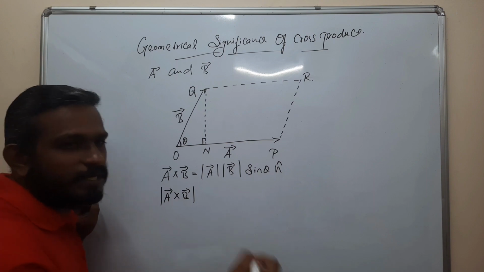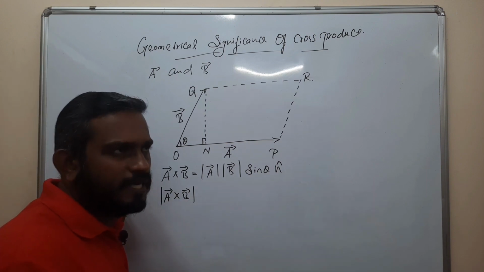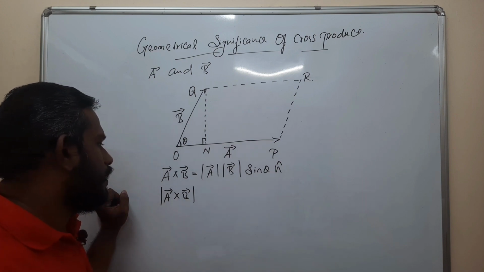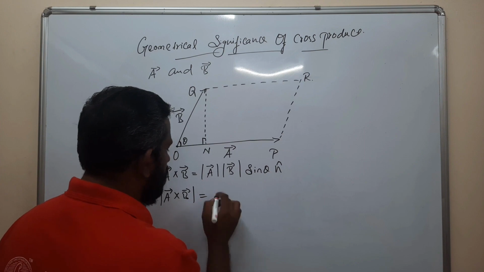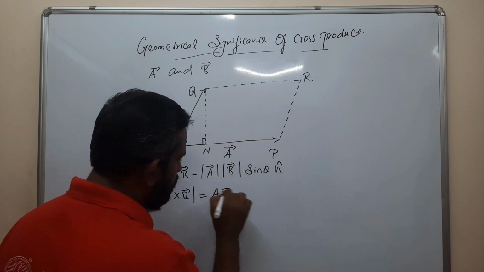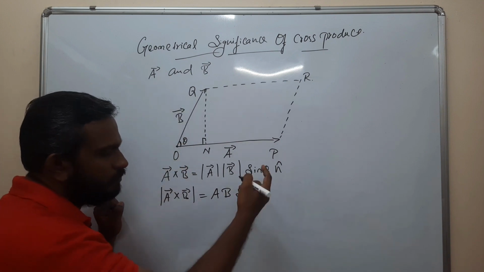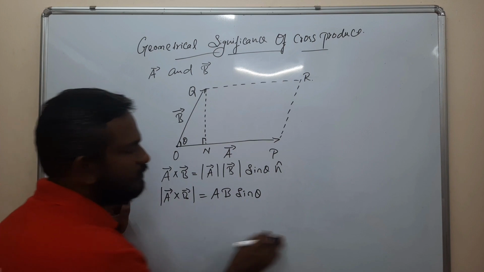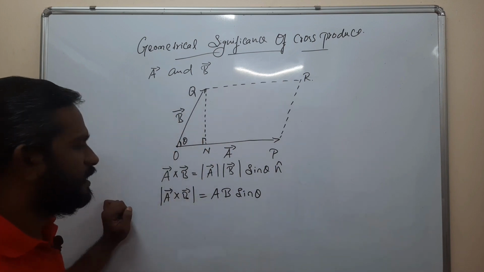We are taking the magnitude, because A vector cross B vector is a vector. So that is equal to A B sin theta. When we take the modulus, n cap won't be there.